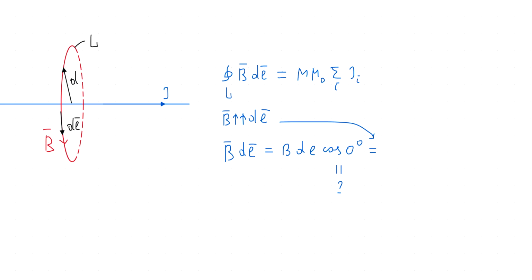So how to calculate cosine of 0 degrees? Yes, it will be 1.